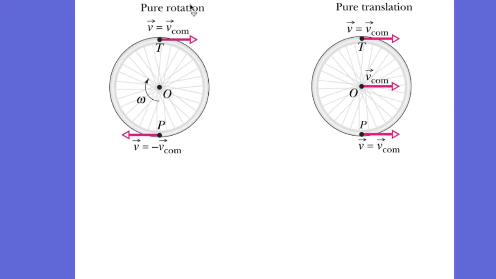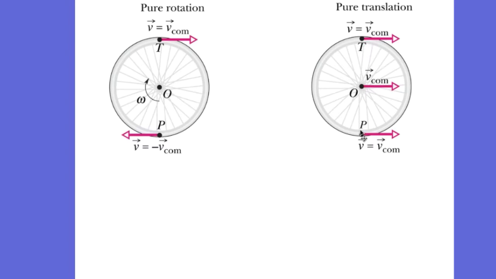The first one was pure rotation, and the velocity at the top of the wheel is to the right, the velocity at the bottom of the wheel is to the left. In other words, there is a clockwise rotation of the wheel, and the tangential velocity is equal to the velocity of the center of mass when the wheel is rolling along the ground, and the translational motion, we'll call that VCOM, the velocity of the center of mass.